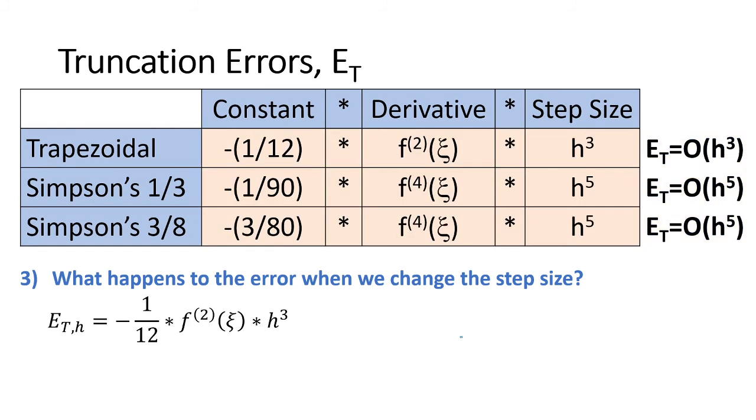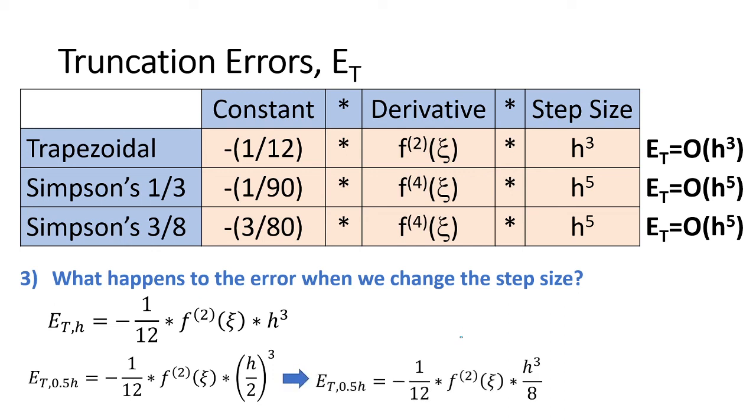Now, the original equation, as in, we look at the complete equation. Okay, E(h) is equals to 1 over 12 multiplied by second order derivative multiplied by h power 3. Okay, so if I halve the step size, E(0.5h) will equals to the step size instead of h power 3, now it becomes h over 2 power 3. And if I expand this equation, I will then get the step size terms become h power 3 divided by 8.